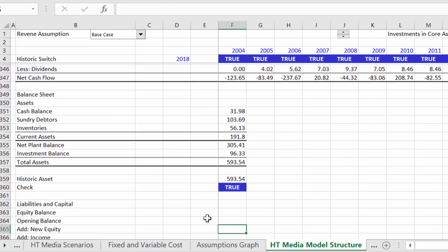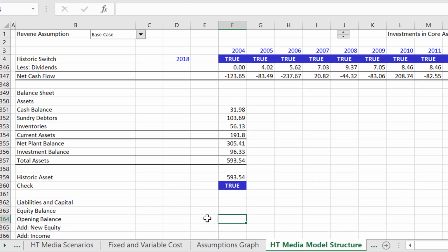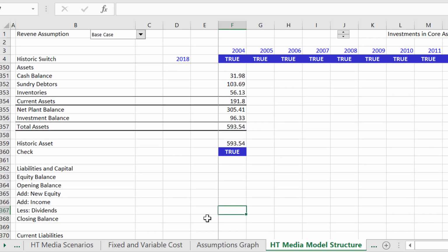Okay. And let's put now the liabilities and capital. I told you the one account we don't have is the balance of the equity. The reason we can't do that yet is because that comes from the balance sheet and the cash flow and the income statement.